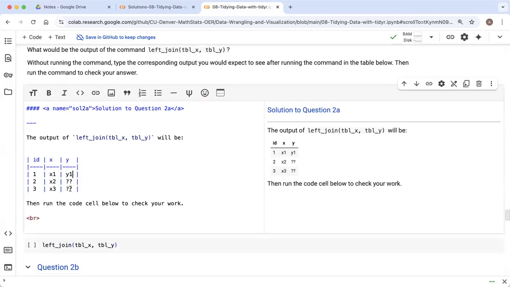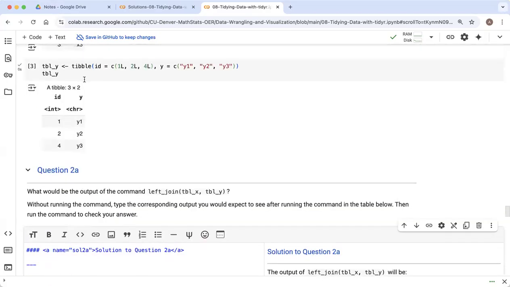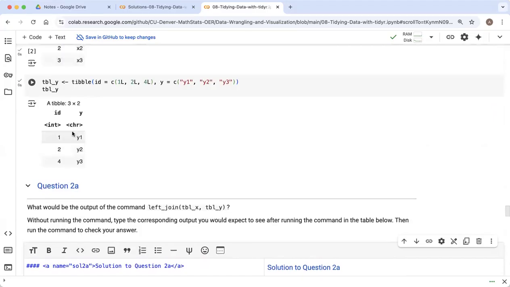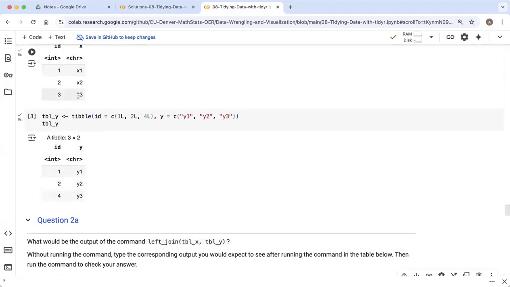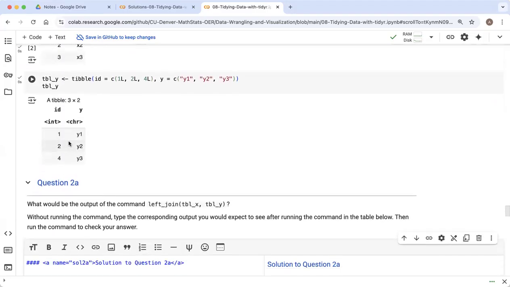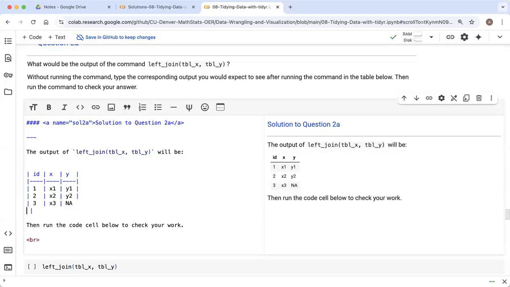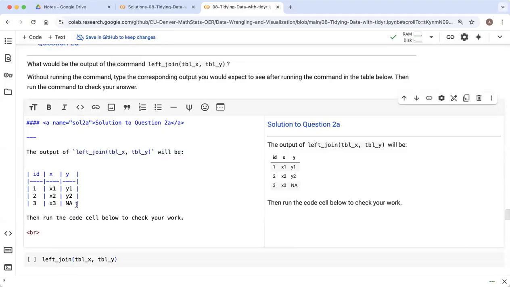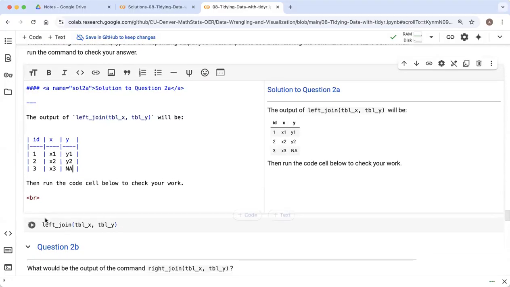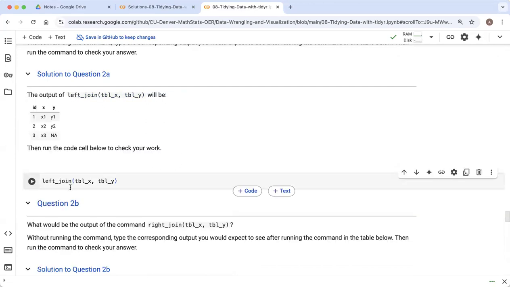I'm going to pull off the corresponding value in the Y column from that row. There was no row that had an ID of 3 in this other data frame, so there's nothing for me to say for the Y value, so I'm going to give it an NA value there.